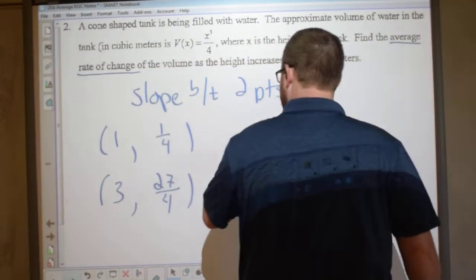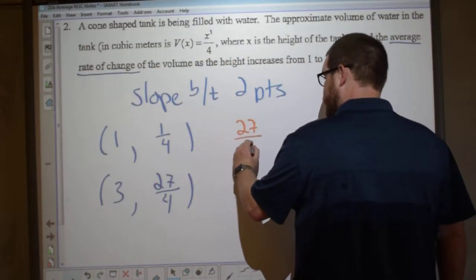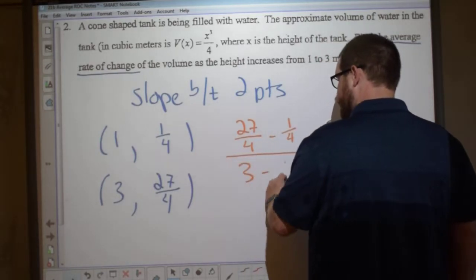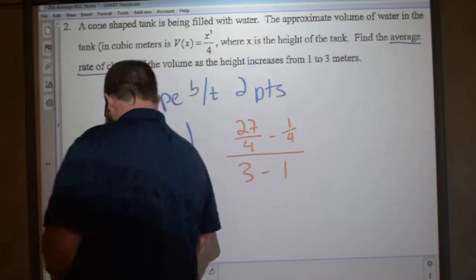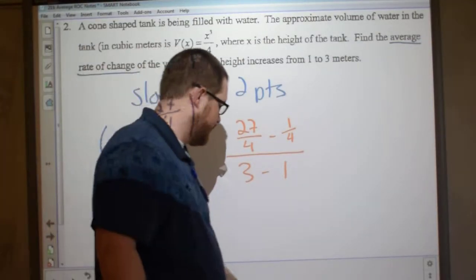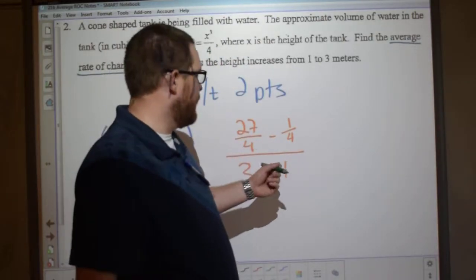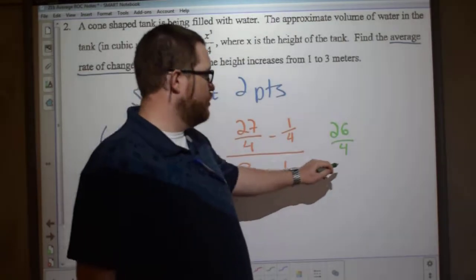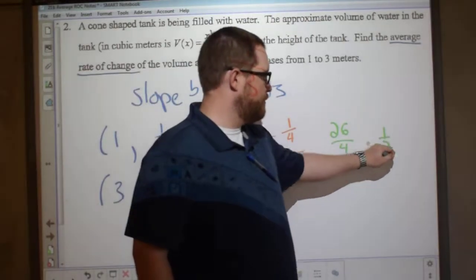Now let's do the slope. 27 over 4 minus 1 over 4, over 3 minus 1. I can do this one without a calculator. 27 over 4 minus 1 over 4 is 26 over 4. That's going to be 2 on bottom, so times 1/2.